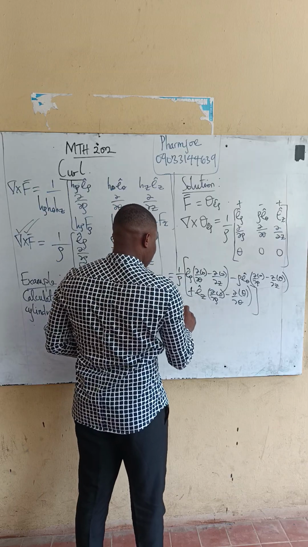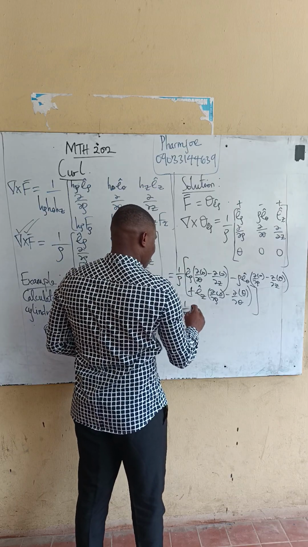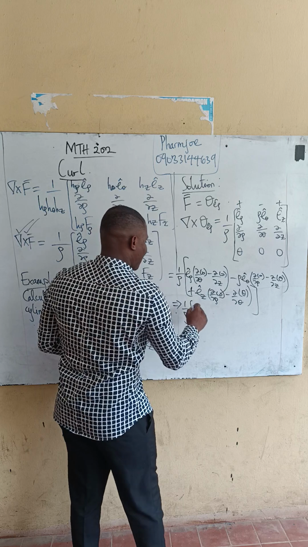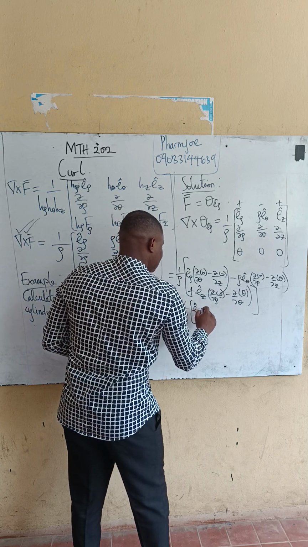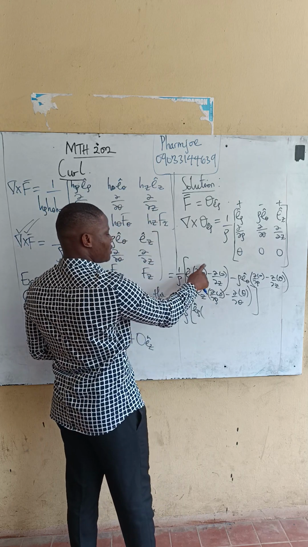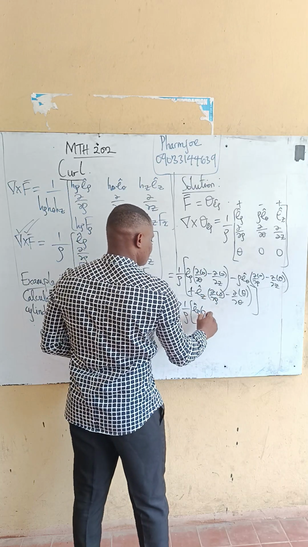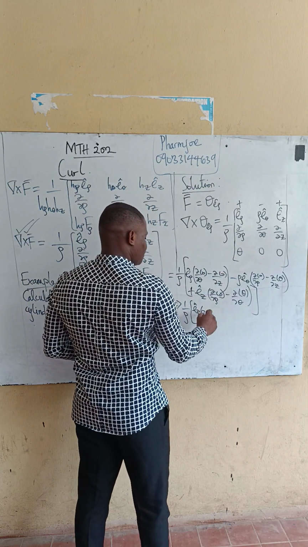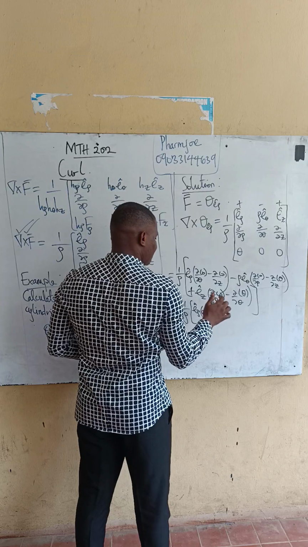So this is the same thing as now finding 1 over rho. I have E rho for the first component. Finding the derivative of theta with respect to 0, that is 0, minus the derivative of z with respect to 0, also 0.